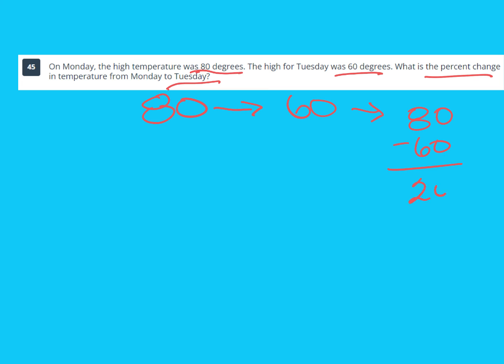So that's 20 degrees. It's the actual change. This, of course, you should notice is a decrease, right? From Monday, so Monday is the original.